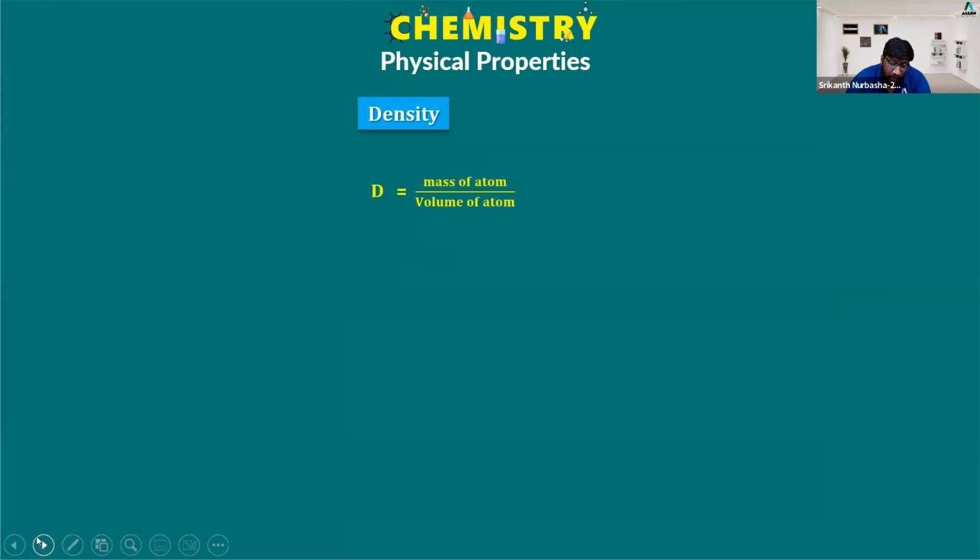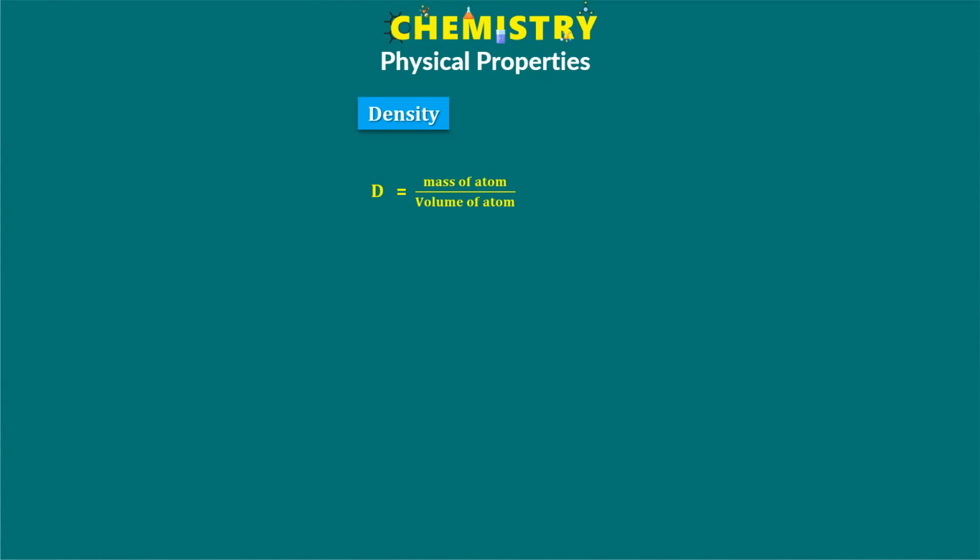Density calculations. Density is equal to mass by volume. Density of an atom is nothing but mass of the atom by volume of the atom. Generally, what happens to the density from top to bottom? Does it decrease or increase? Density is equal to mass by volume, right? Mass is going to be increasing greatly or not?